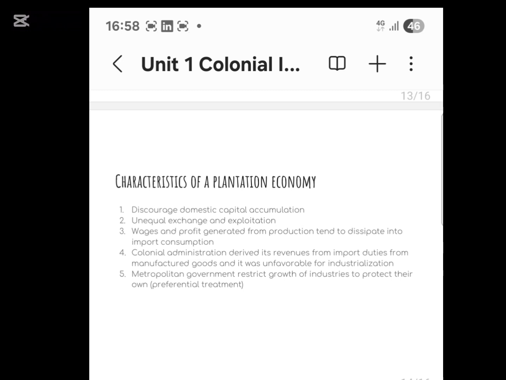Without domestic capital accumulation, they could not invest in any industries in our country during those times. And number 5, the metropolitan government restricted growth of industries to protect their own. That is the preferential treatment that I've discussed. All in all, the Australian mercantile system is important in understanding the plantation system from 1884 to the 1940s.